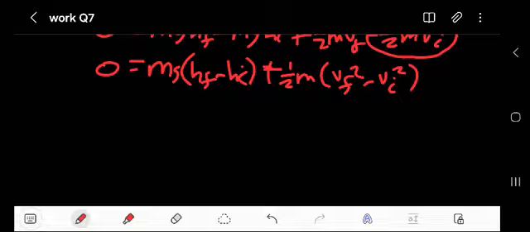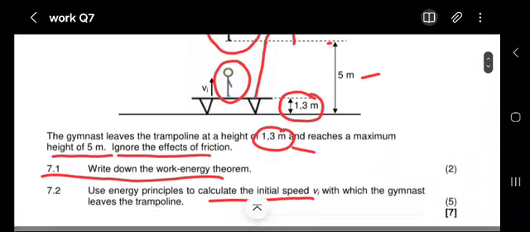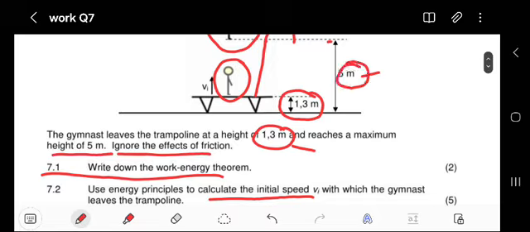Right, so let us substitute there. We don't know the mass, you are not given the mass. Gravity is 9.8, and the final height is 5, as we are given here. The initial height, as you can see, is 1.3.